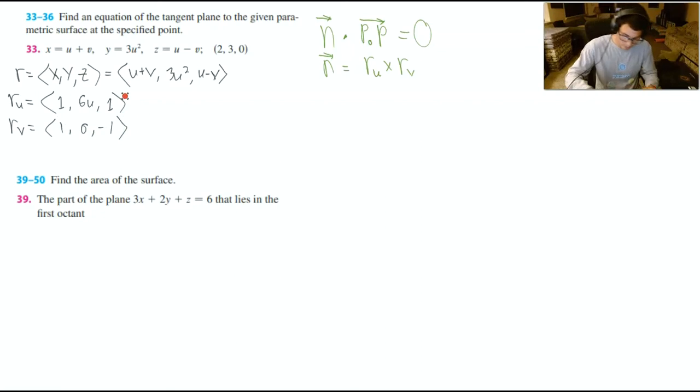So then if we take the cross product of this, we'll write it in determinant form: 1, 6u, 1, 1, 0, negative 1.